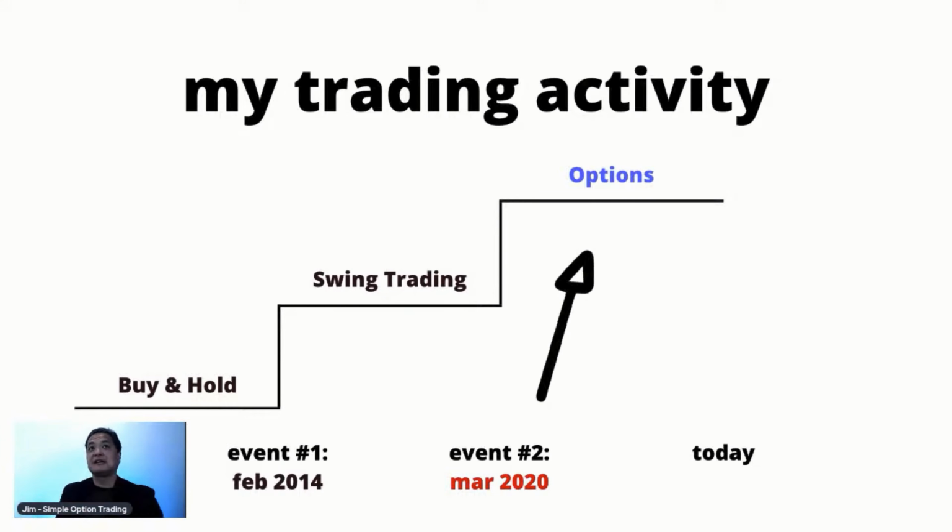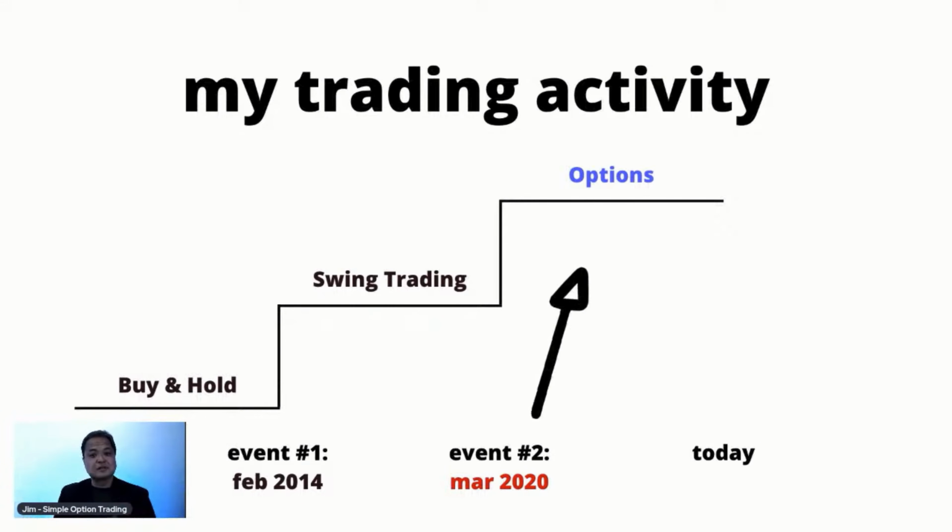It's been two years since March of 2020. I had traded options before, but because of the commissions I was paying, I did it as an experiment. Okay, can I do it? Do I know how to do it? Yeah, I understand it.